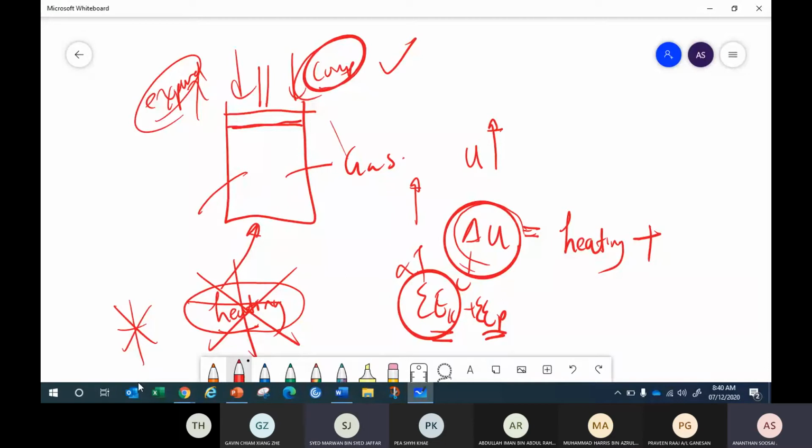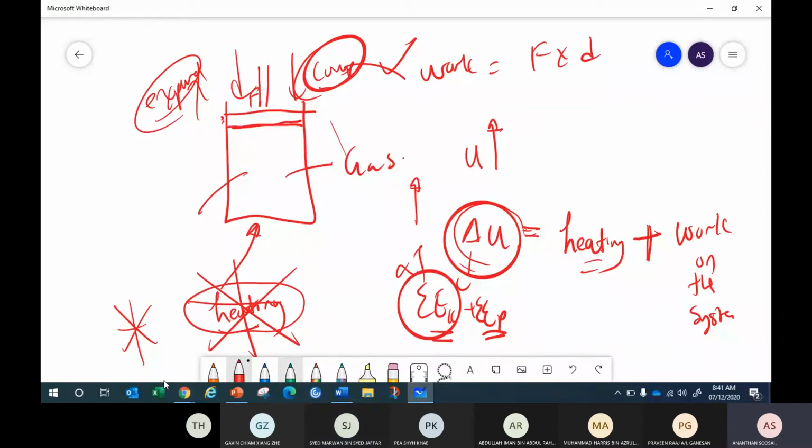So what is another way to change the internal energy? One is by heating, plus you do work on the system. Compressing is actually work. What is work? Force times distance travelled. You apply a force times the distance travelled.